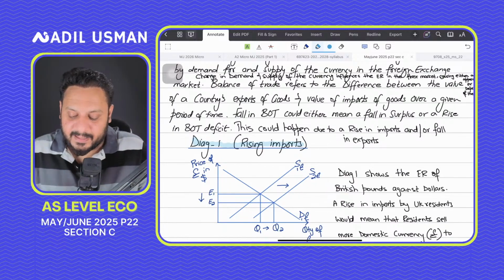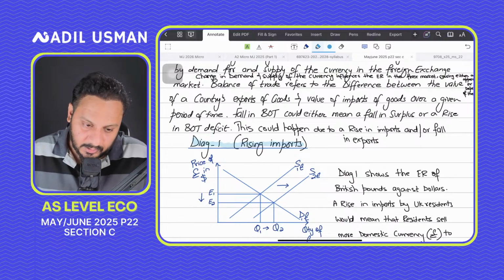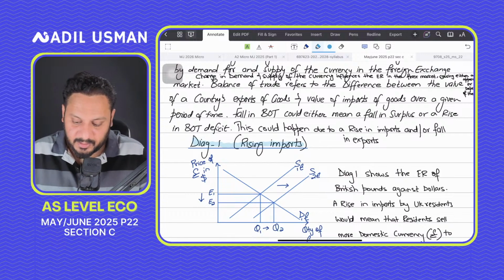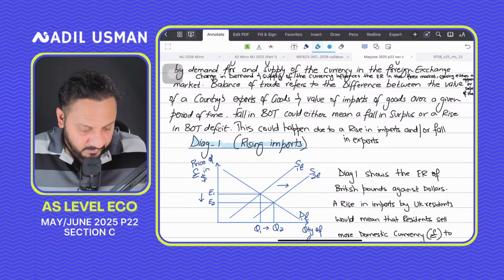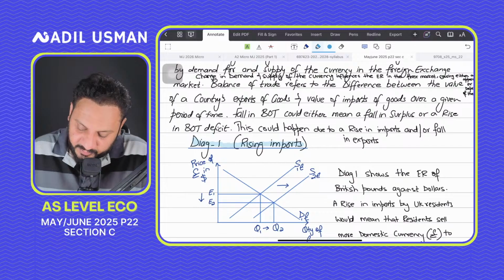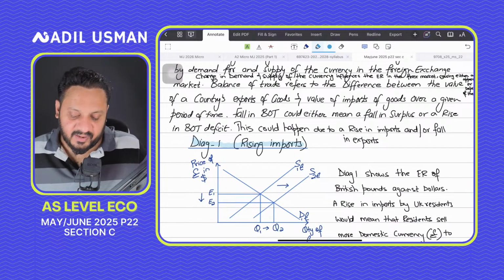So you'll say that diagram 2 shows the currency depreciating due to a fall in currency demand in the forex market, causing the demand for pounds to shift to the left, from D1 to D2, causing the exchange rate to fall from E1 to E2, right? And why could this happen?